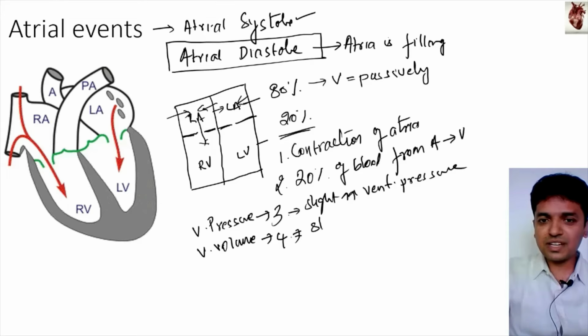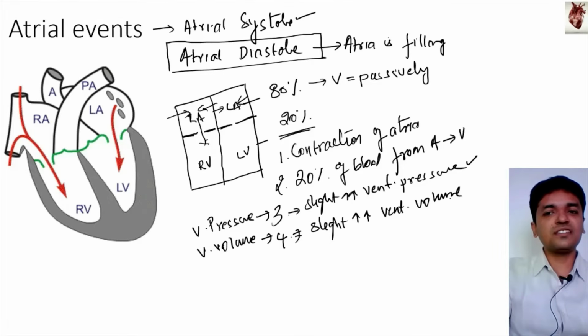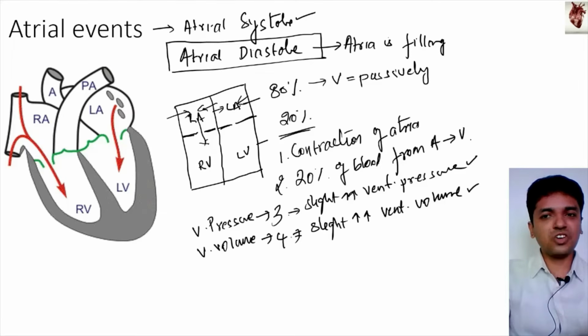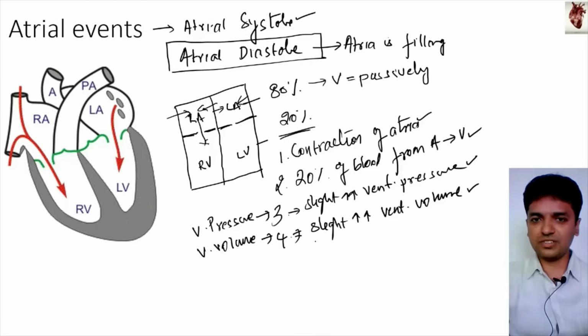So that means there is also a slight increase in the ventricular volume. So there is a slight increase in the ventricular pressure, and a slight increase in the ventricular volume. 20% of the blood from the atria is entering into the ventricles. All this is happening because of the contraction of the atria.